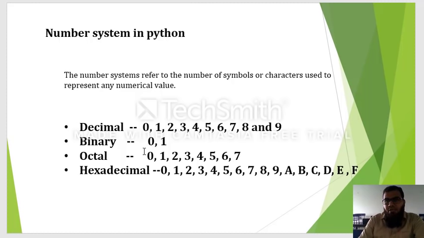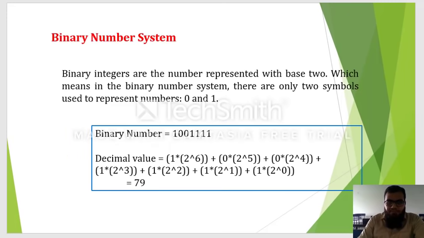We have already learned about these conversions and representations in other programming languages, but I'll try to revise all these concepts here. There is nothing new here. Let's see each and everything in detail.